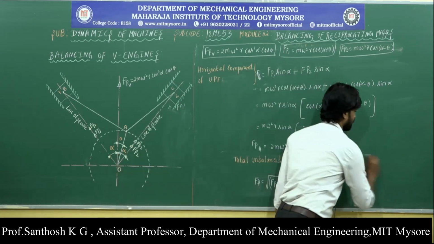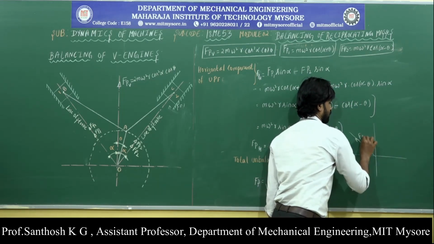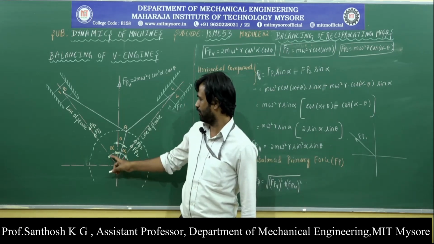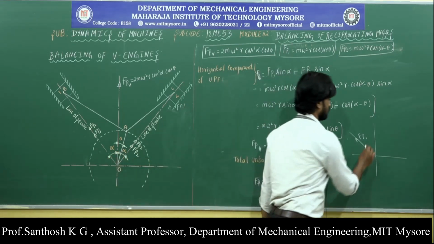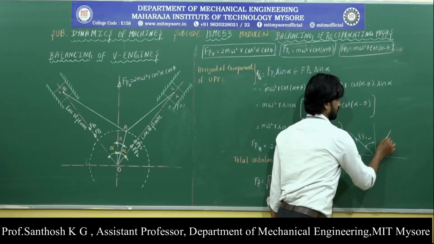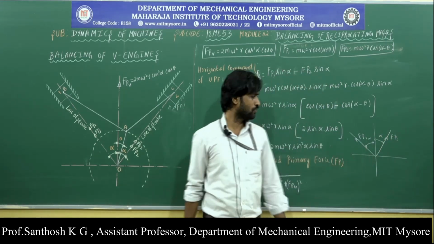So from the figure we can see that Fp1 is inclined at an angle of alpha with respect to the vertical. Similarly, this force Fp2 is also inclined at an angle alpha with respect to the vertical.